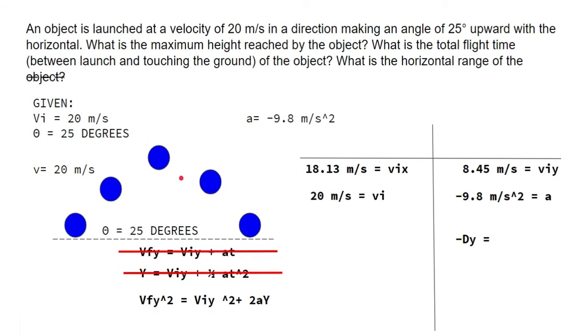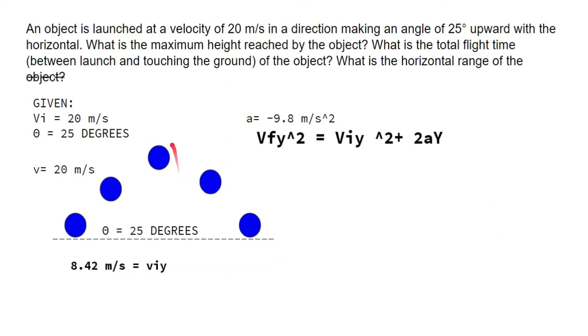Let us recall that when the ball is at its highest position, the final velocity is 0 because it temporarily stops and then it moves down. So at the highest point again, the final velocity will be 0.